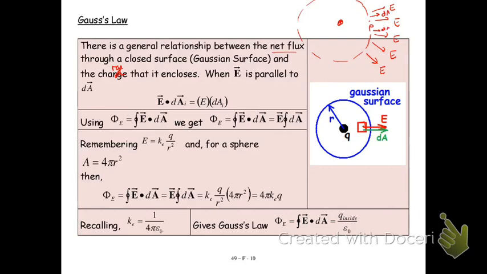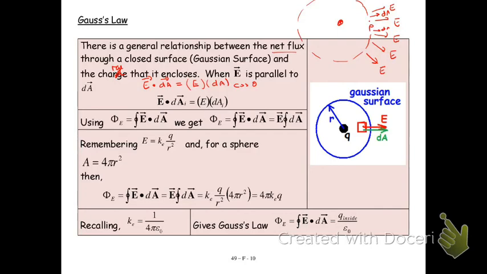So if you think about it, E dot dA, as vectors, is equal to the magnitude of E times the magnitude of dA times the cosine of the angle between. Remember that from the definition of a dot product?